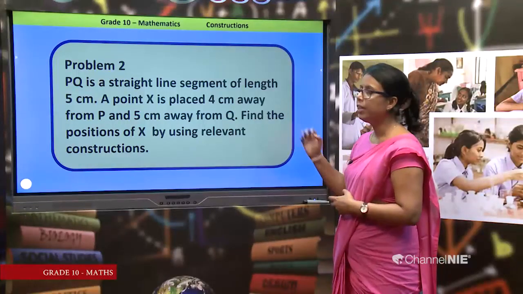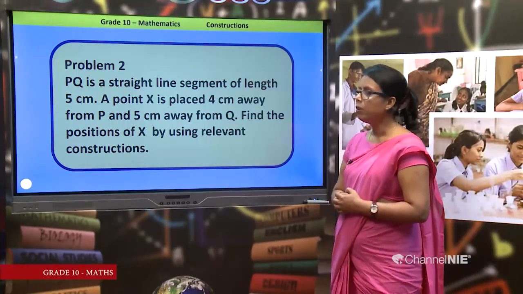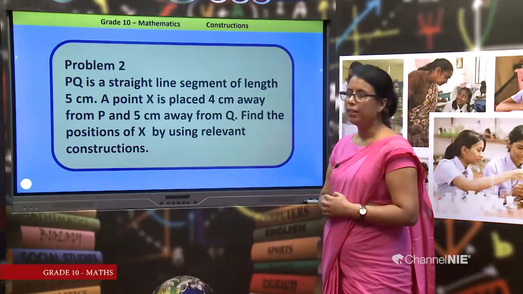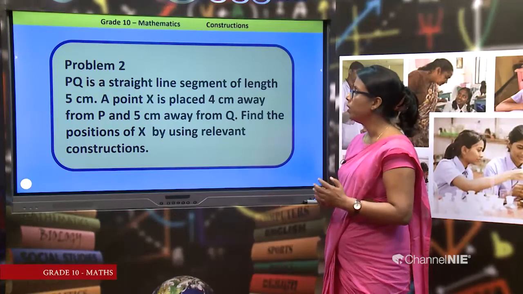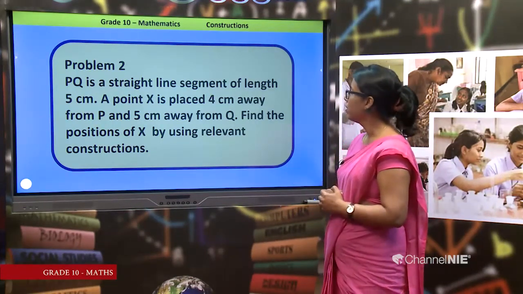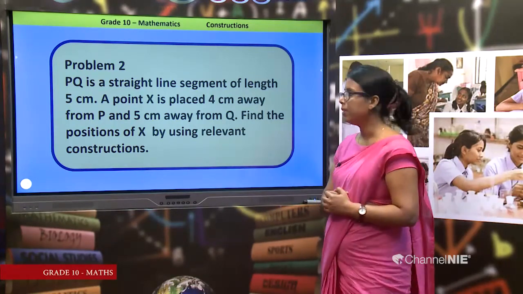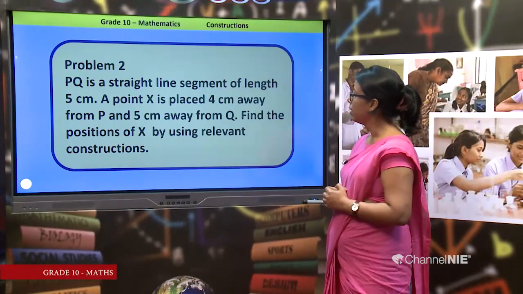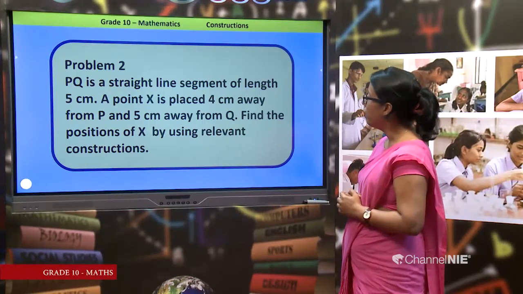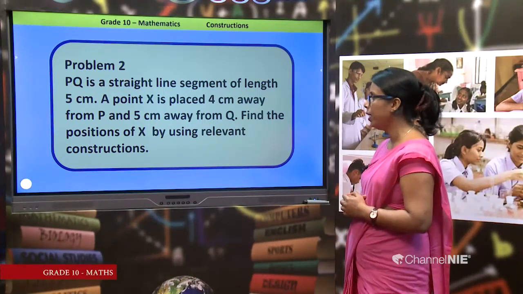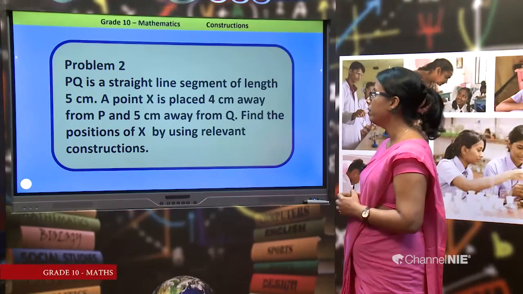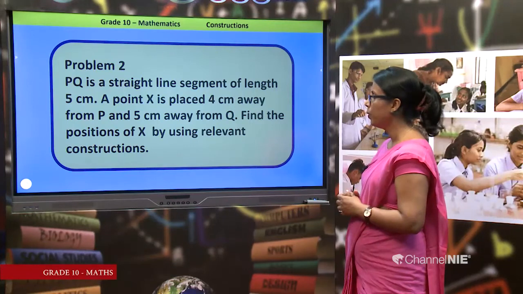Read the question carefully. It is not just a point. It says PQ straight line. This time we need to construct a straight line with the length 5 centimeters. Next, we have to find a locus 4 centimeters away from P. Another one 5 centimeters away from Q.